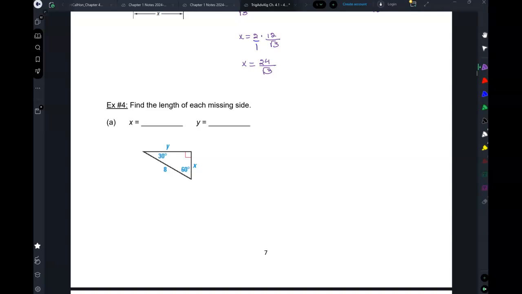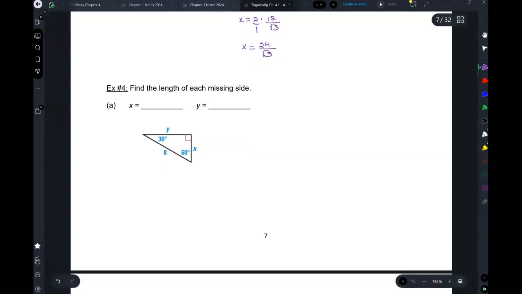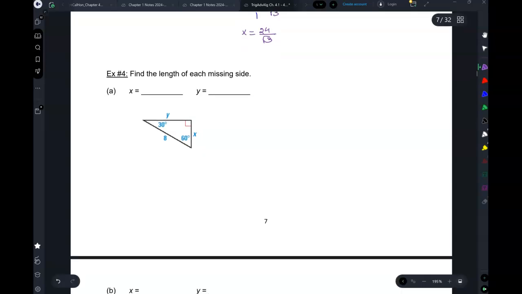So next one, okay, I'll do the first one and then you're going to do the rest yourself. So here we have x is short. This is long. And we have the hypotenuse. Which formula are we going to start with? The hypotenuse.